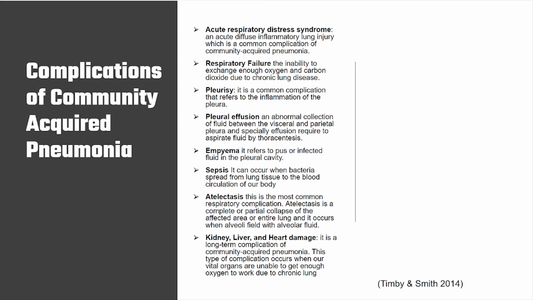Lastly, patients can have damage to kidney, liver, and heart, and these are long-term complications of community-acquired pneumonia. When patients are not able to effectively breathe due to obstructed airway, our vital organs are unable to have sufficient oxygen to work for their own functions, therefore causing damage and inhibiting the proper functioning of our vital organs.